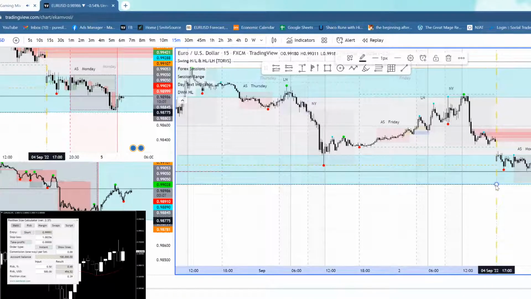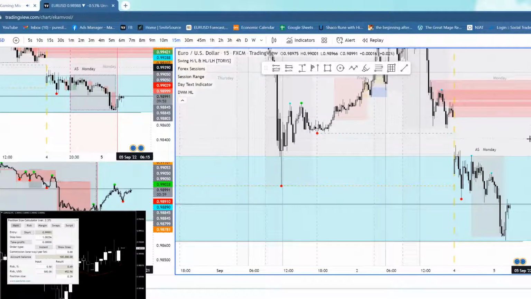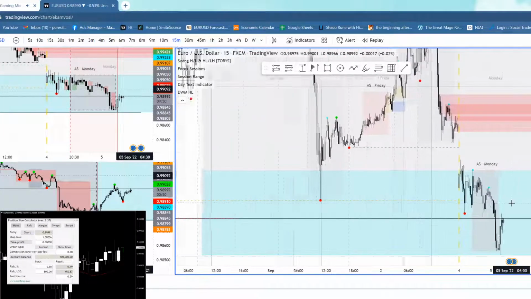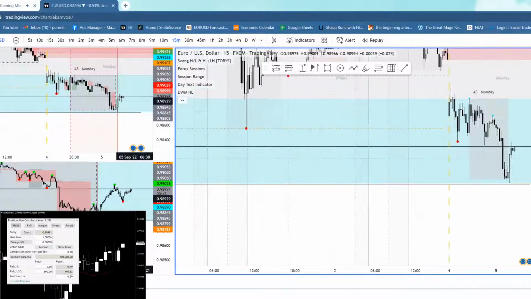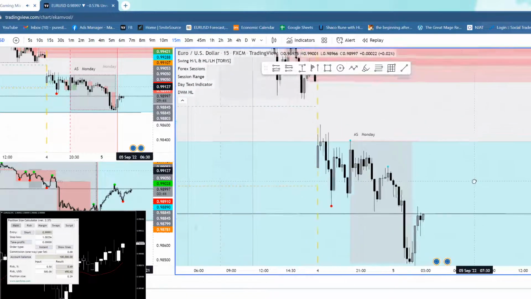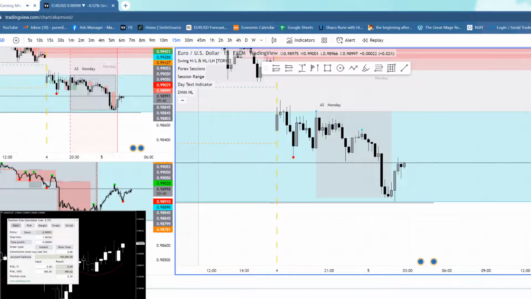Something to keep in mind, but I mean, if it's a thing from that long ago, I'm not going to look at that and be like, oh my god, he hasn't broken that low. We're going long, baby. You know what I mean? It's tough to make that call. So just play the price delivery that's coming in the market. Don't get caught up on that.